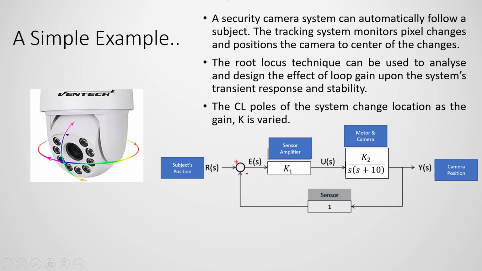Now let's look at this security camera system, which will automatically follow a subject. The tracking system will monitor the pixel changes and move the position of the camera to the center of the changes, meaning that the camera will look at the changes of the pixels so that the subject position will also change.